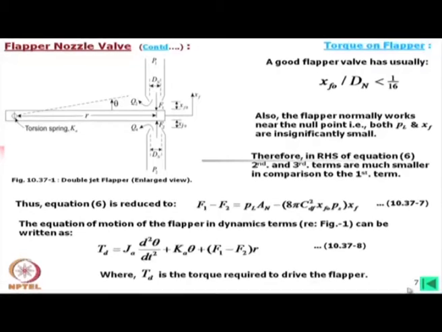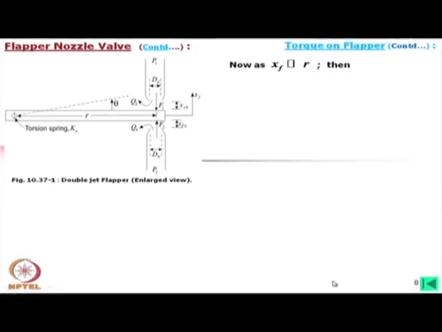Where Td is the torque required to drive the flapper. Now, as xf is much less than rf, there is some problem with this compatibility.